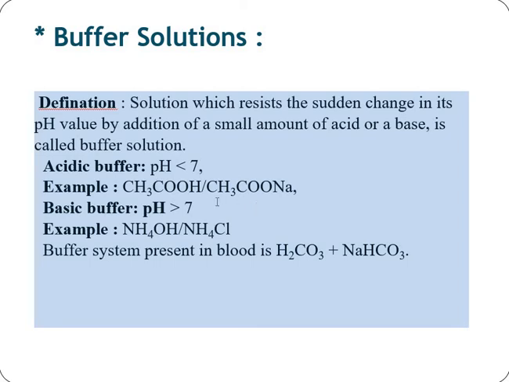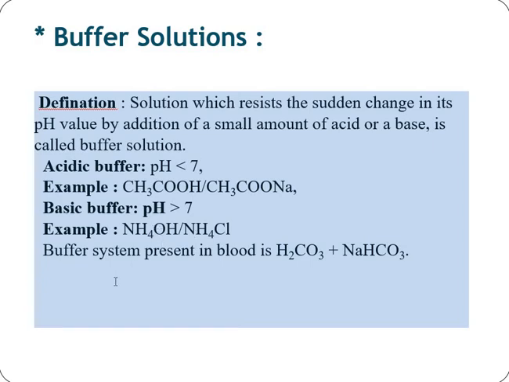So in this way you can prepare acidic buffer. Similarly, you can prepare basic buffer by adding ammonium hydroxide with ammonium chloride. Ammonium hydroxide is a weak base and ammonium chloride is a salt of weak base and strong acid. So in this way you can prepare basic buffer.